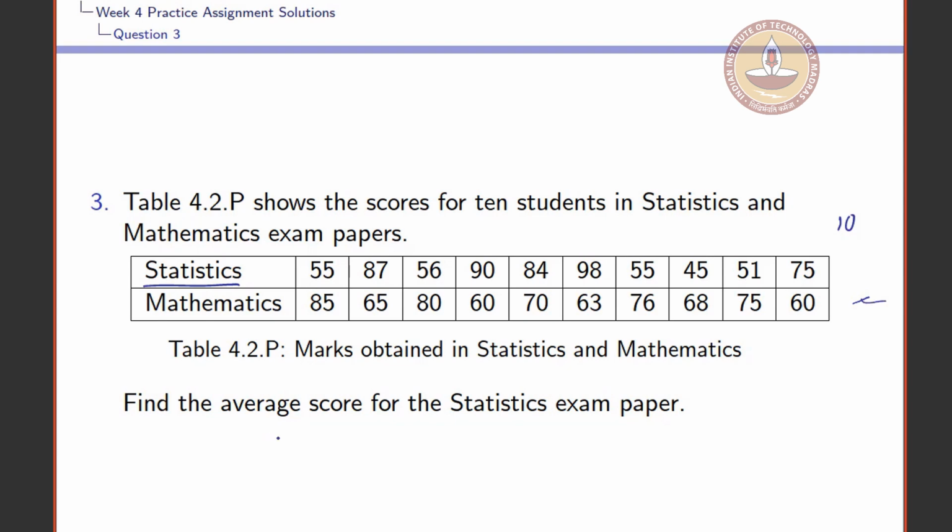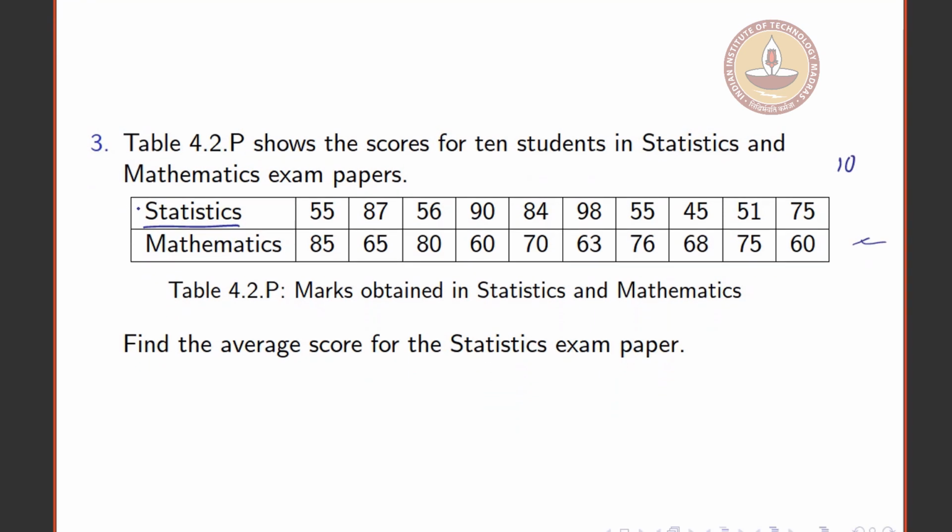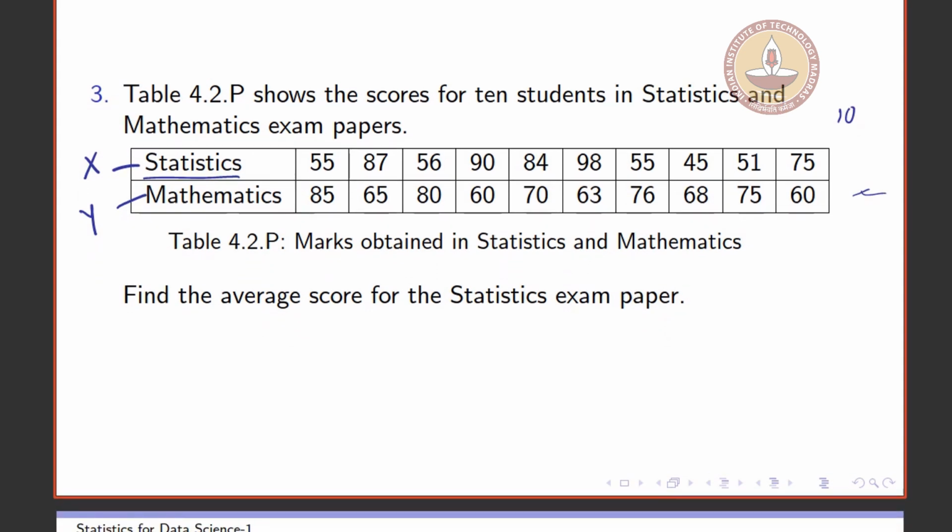Let's say x denotes the marks obtained by 10 students in the statistics exam paper, and let y denote the marks obtained by students in the mathematics exam paper. So x takes the values xi, where i is varying from 1 to 10, and y takes the values yi, where i varies from 1 to 10.